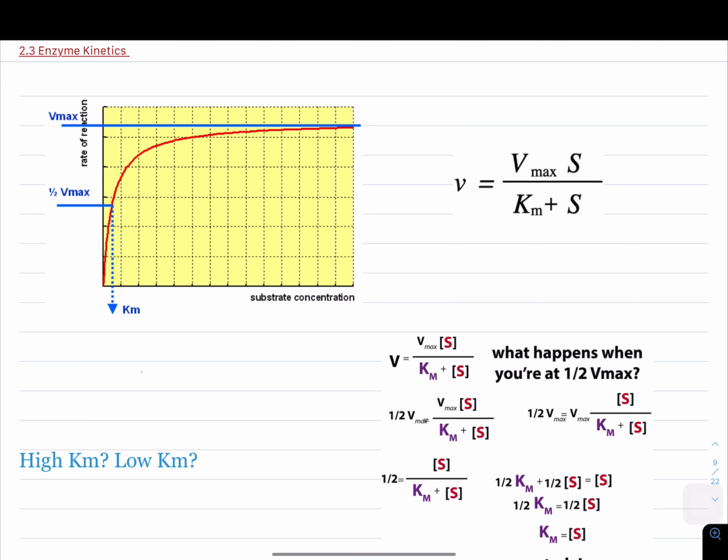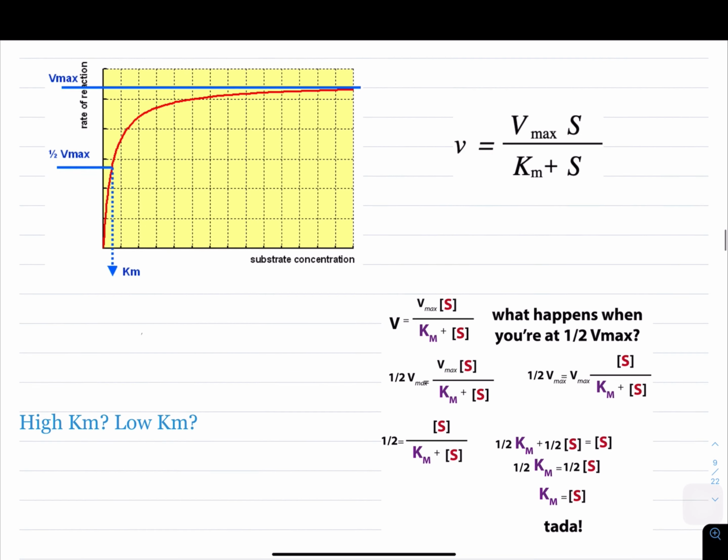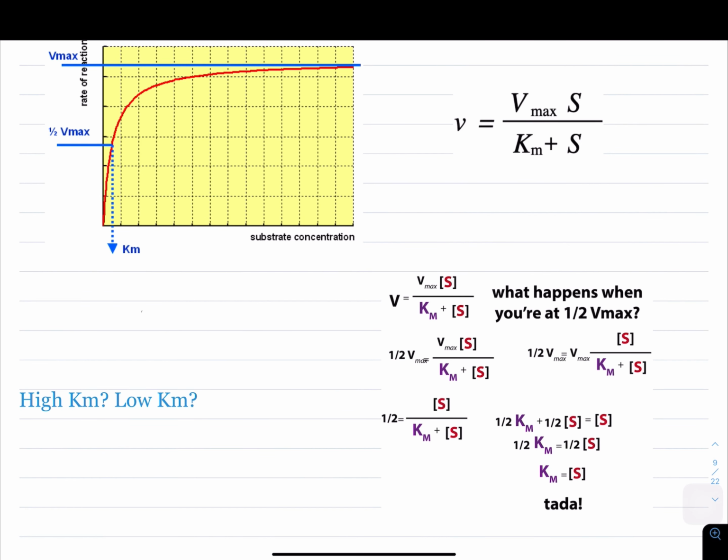As you can see, we also have it on the graph here. If you do a little bit of calculation with this formula, you will see that the Km equals S when you're trying to find a Vmax over 2. And here are the calculations if you have trust issues like me.